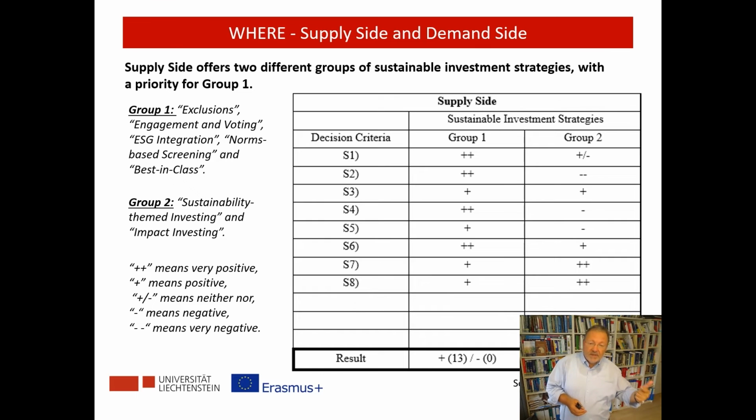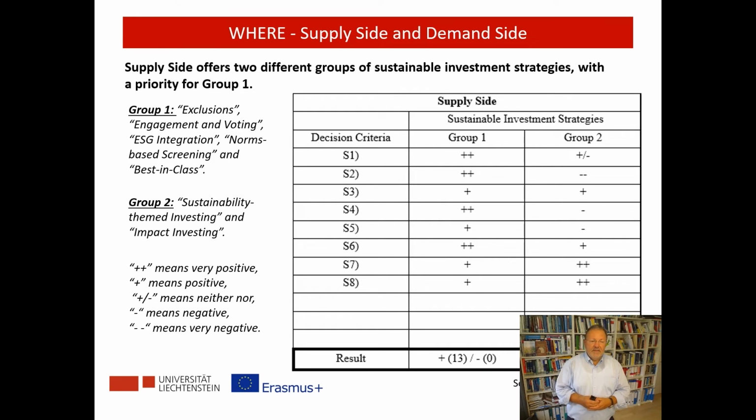And group 2 is sustainability themed investing and impact investing. So we have these two groups, and for these two groups I gave a valuation of the decision criteria. Plus means very positive, and minus means very negative, and there were some stages between. So you see there were, for group 1, more pluses than for group 2.